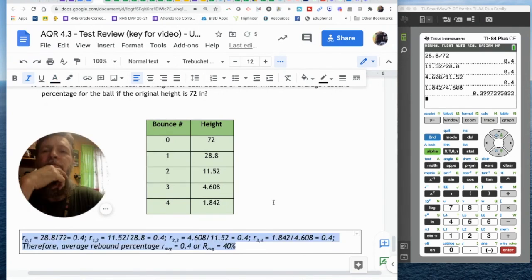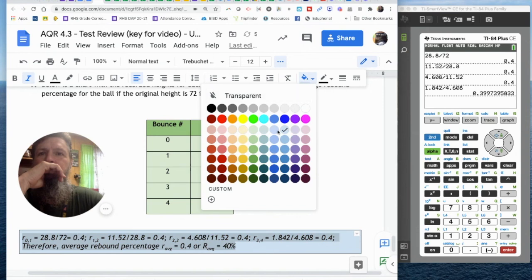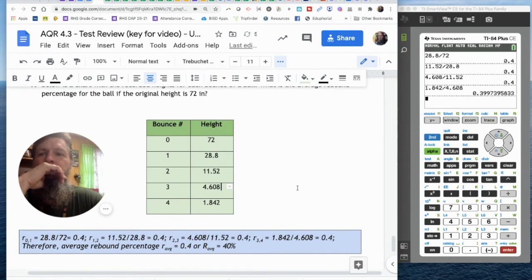Okay, so we should have the rebound ratio of the first bounce over the drop height is 0.4.